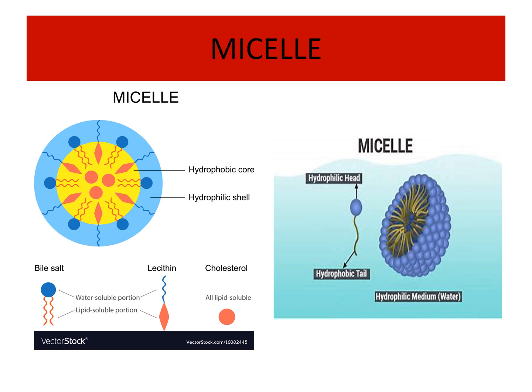So here we have the bile salts, with a water-soluble portion and a lipid-soluble portion. This is lecithin with the same water-soluble portion and lipid-soluble portion, right? So they form a micelle. So the micelle, from the outer side, is hydrophilic and the core is hydrophobic.